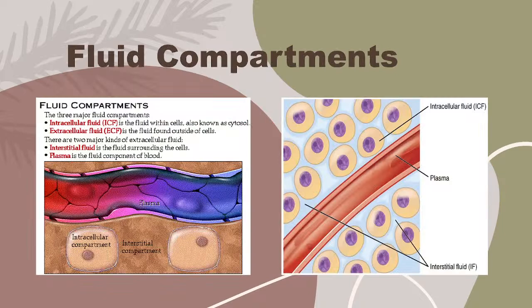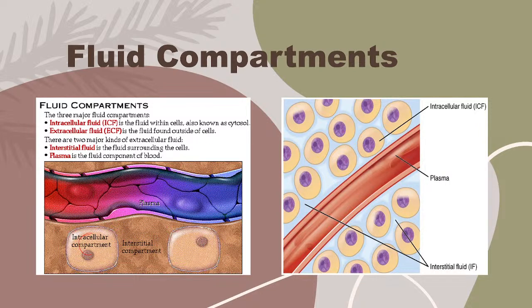Now, as we have discussed, we will go through it with the help of a diagram, that is, fluid compartments in the body. First is intracellular, that is inside the cell. So this is a cell, and inside there is the intracellular compartment, and extracellular is fluid found outside of cells.